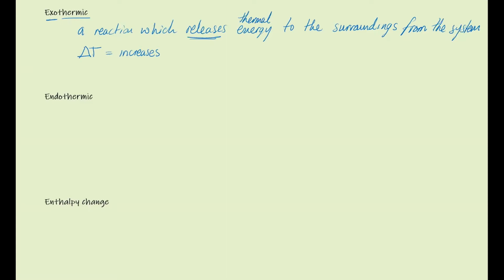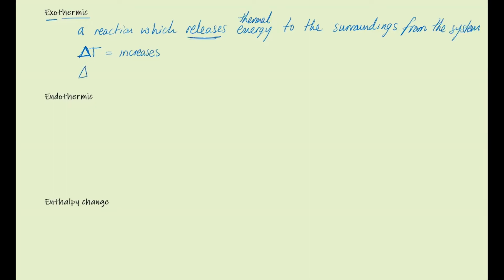They think, oh, energy is being released, the system's losing energy, so the temperature will go down. That is not the case. It's a common misconception that students have for some reason. But just remember, the thermometer is part of the surroundings. If you're not sure, that triangle there means delta, and that means change in, and that will pop up quite a bit within this topic, so please get familiar with it.